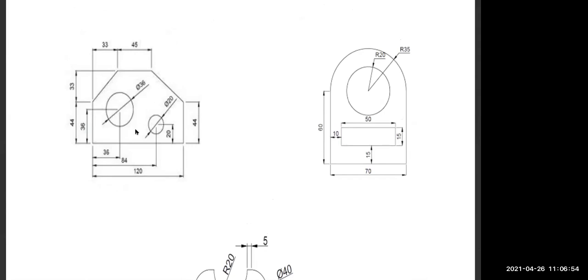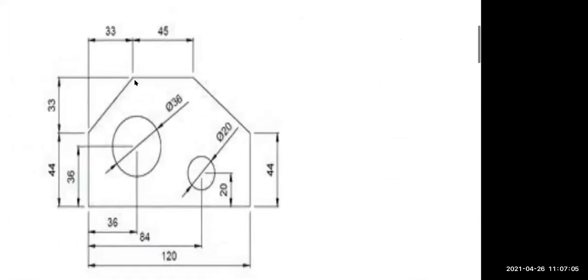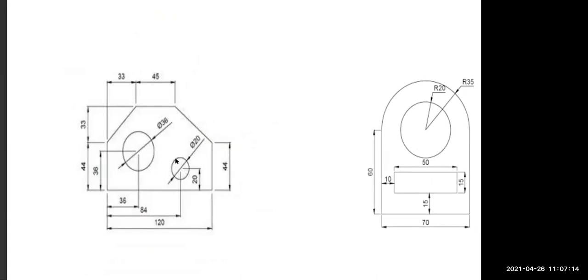In this, you can draw this figure with the help of line commands, and two circles are there. One with diameter 36, and this one with diameter 20. So this figure we will draw in your AutoCAD.